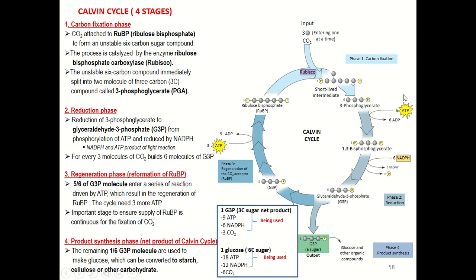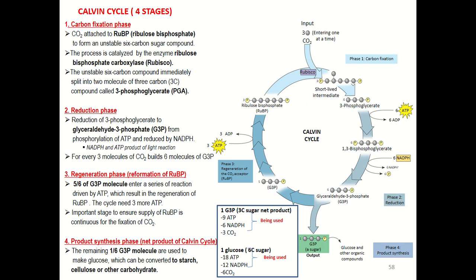And then during the reduction phase over here, the second phase, the 3-phosphoglycerate will become 1,3-biphosphoglycerate, in which it will receive one inorganic phosphate group attached to carbon number 1. That's why it's named 1,3-biphosphoglycerate, from the phosphorylation of ADP.